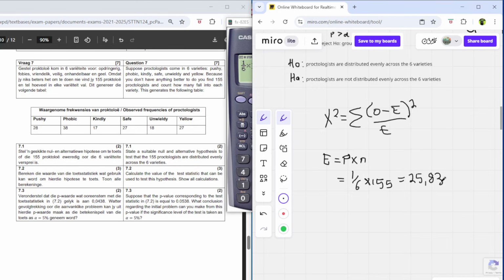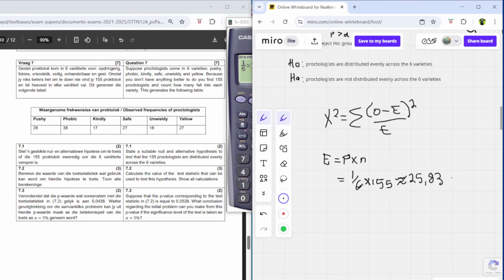We don't round it off to 26 because there is no half a person. But if you want to be safe, you can say approximately. You can say it equals 25.83, which is approximately 26, but you don't have to do that. I prefer to leave it like this.